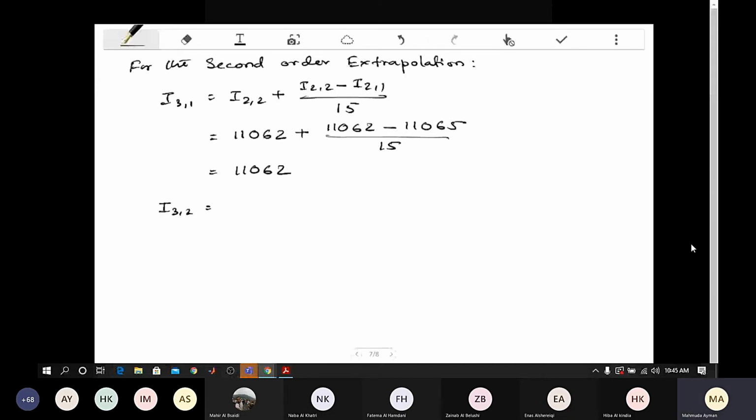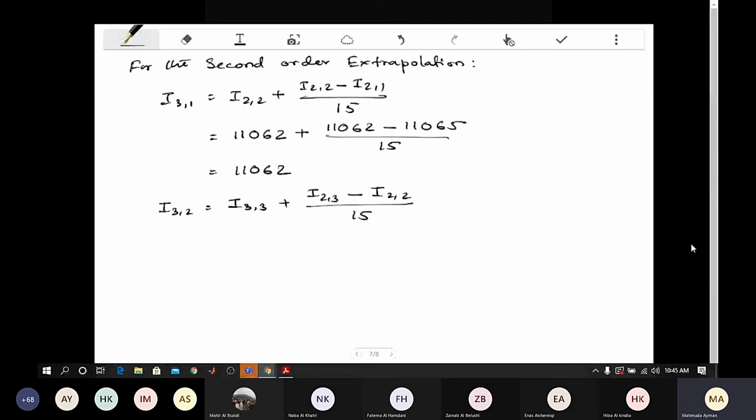I3,2 is equal to I2,3 plus (I2,3 minus I2,2) divided by 15.